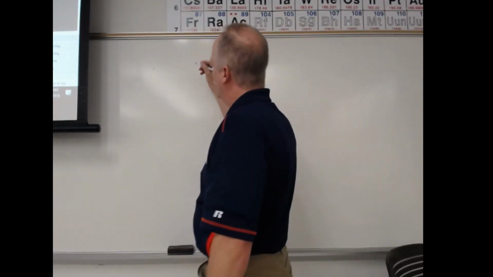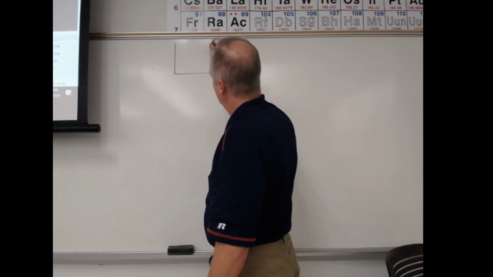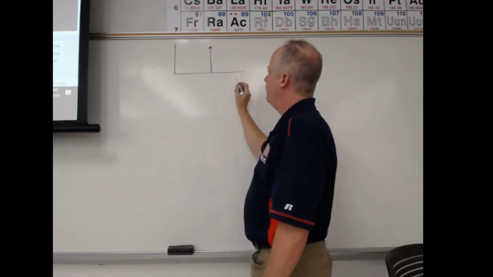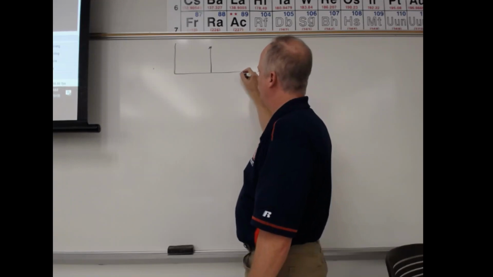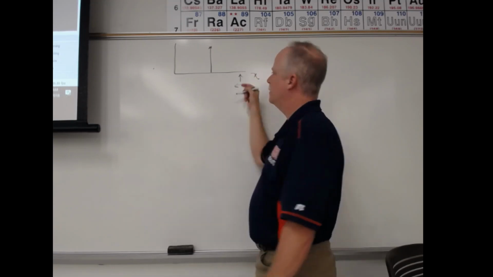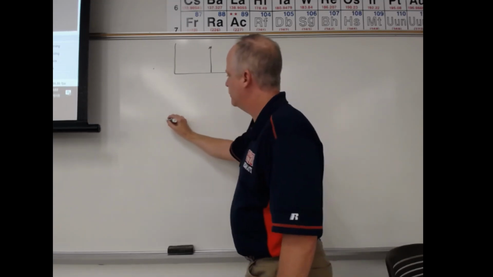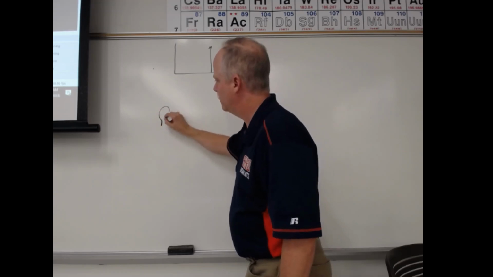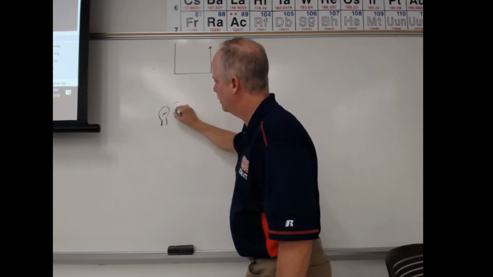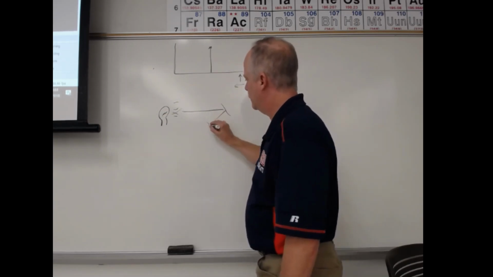Okay, so let's say in our spectrum we have a transition here, and we're scanning the light with our monochromator from long wavelength to shorter wavelength. And so our monochromator, the light's coming off of our source, bouncing off a mirror, going through some slits.